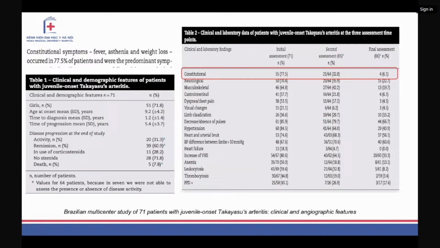This is the classic progression of Takayasu arteritis: patients begin with systemic inflammation, and as the disease progresses, vascular signs become more pronounced.